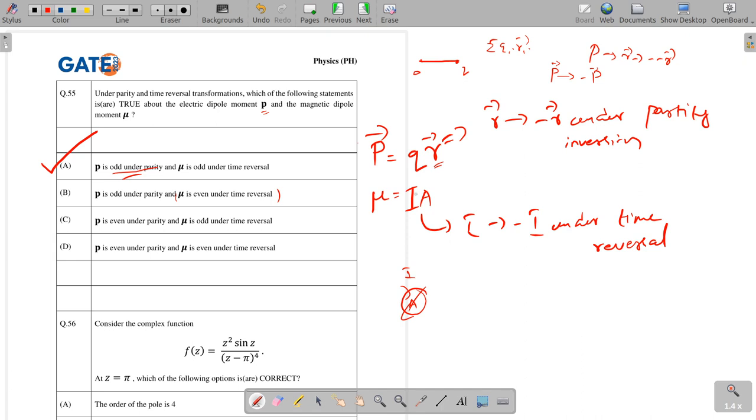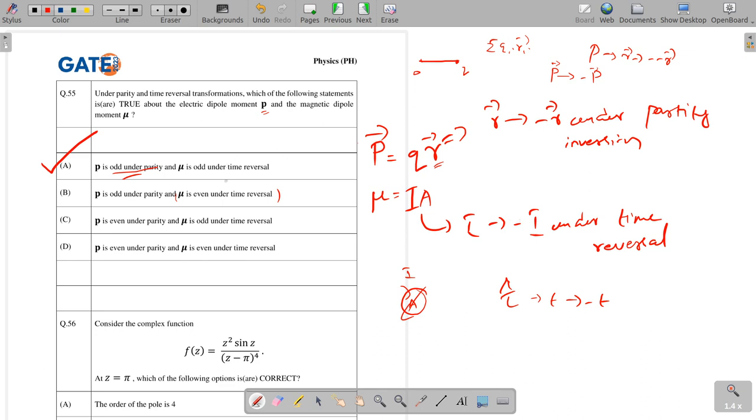Since it contains I, which contains time, what time reversal does is that it's a tau operator, we denote it with tau. It flips t to minus t. So it flips time basically. Since it contains time, it will take I to minus I. The current will be reversed.